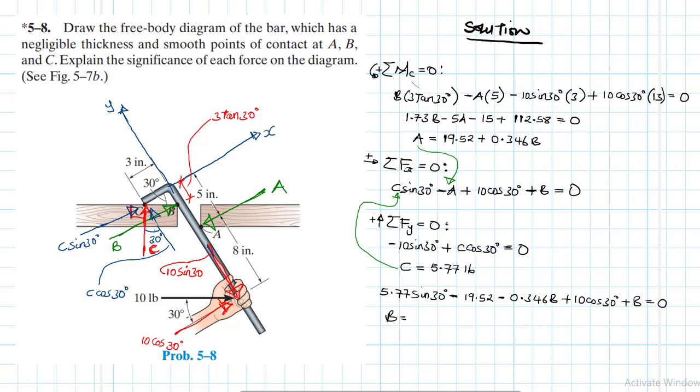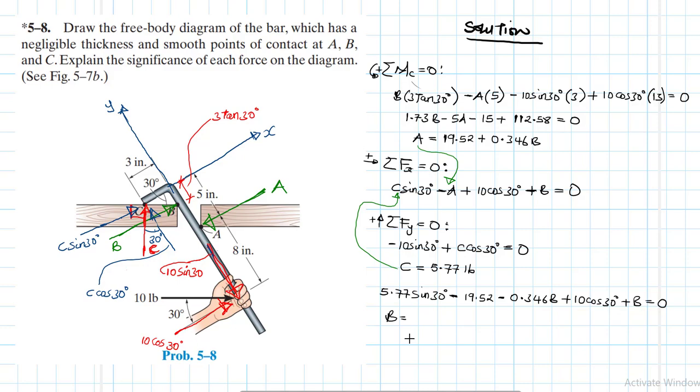I think I can divide directly, and then we'll say this is a minus, so it's giving us a minus. Alright, this is just fine. So then divided by 1 minus 0.346.